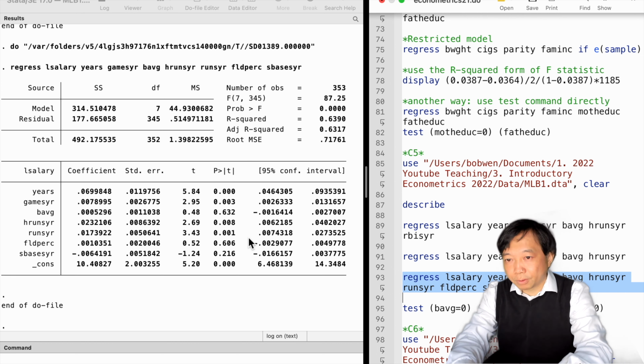The estimate suggests that one more run per year will increase salary by 1.7% on average, holding other variables fixed. The other two variables are individually insignificant at any conventional level, with small t-statistics and large p-values.